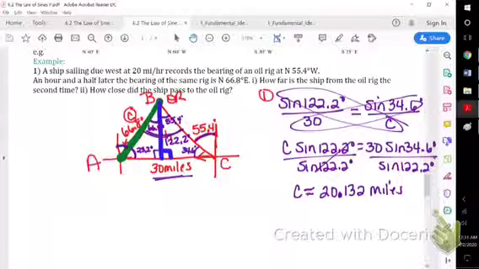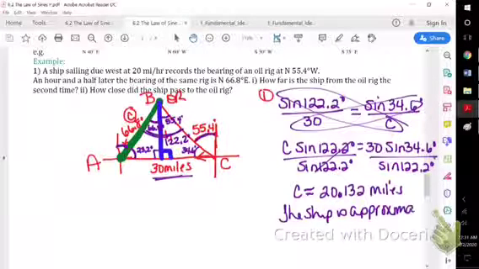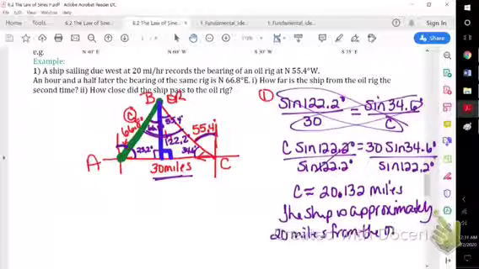So that's telling us that the ship is approximately 20 miles from the oil rig the second time, at the second bearing.